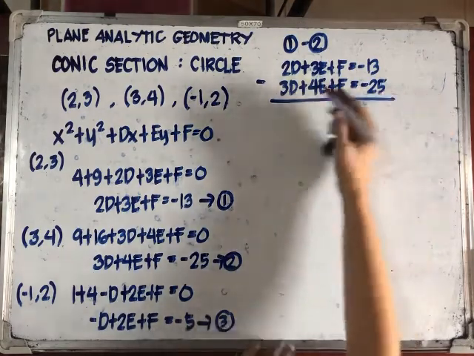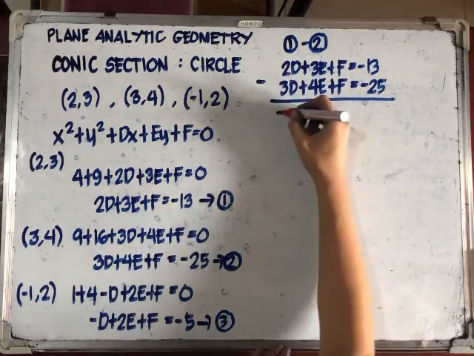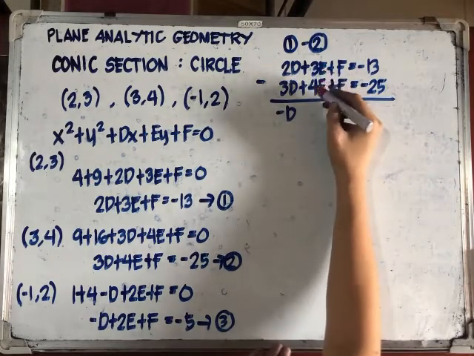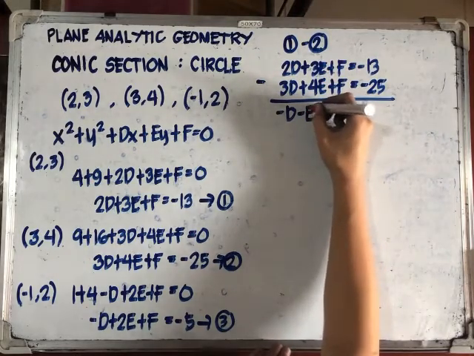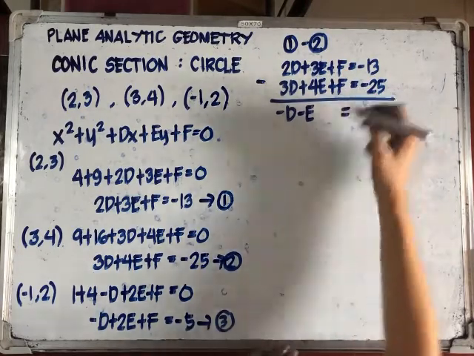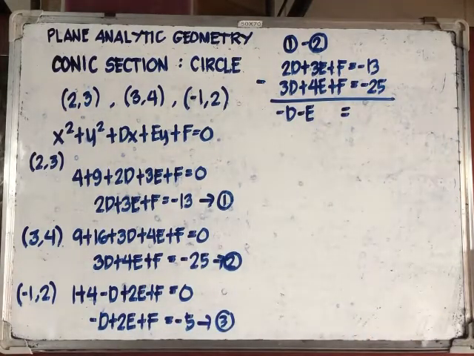Subtracting, 2 minus 3 is negative D, 3 minus 4 is negative E, F minus F is 0, and negative 13 minus negative 25 is 12.